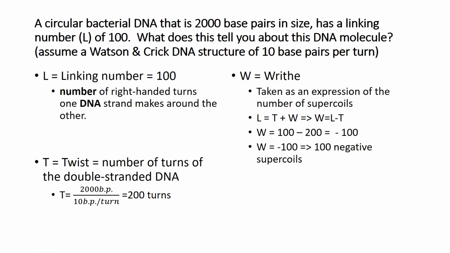When you calculate it out, it gives you negative 100, right? So having a writhe of negative 100 means that you have 100 negative supercoils. If this was positive, then it would be 100 positive supercoils, okay? Does that make sense? Yeah. Okay, great.